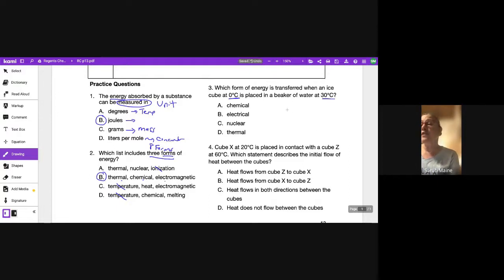So what form of energy is transferred from a warmer sample to a cooler sample? Because it says the ice cube is placed in that water, so that means they're going to be in contact. So what we have learned is the term heat.